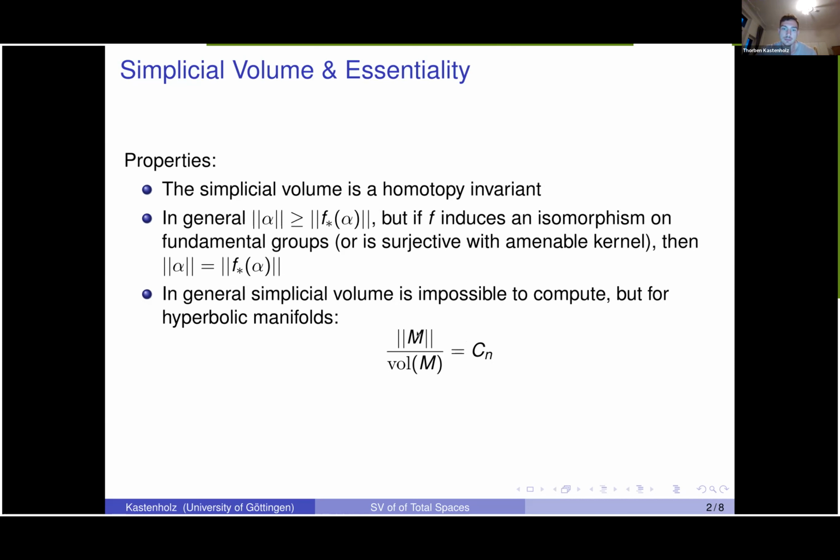And moreover, this quotient between the simplicial volume and the volume of a manifold is always a constant that only depends on the isometry type of the universal covering of the Riemannian manifold. So in a sense, and this is a theorem by Gromov and Thurston, this hints at a very, very strong connection between the simplicial volume and the actual volume.